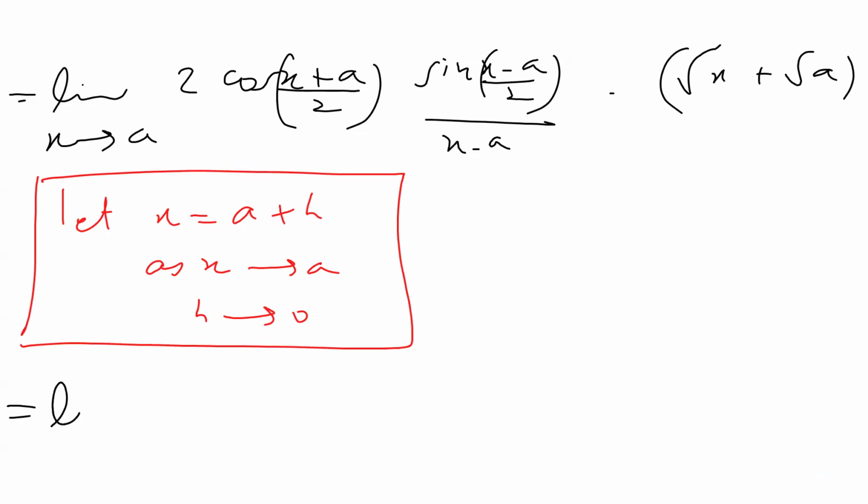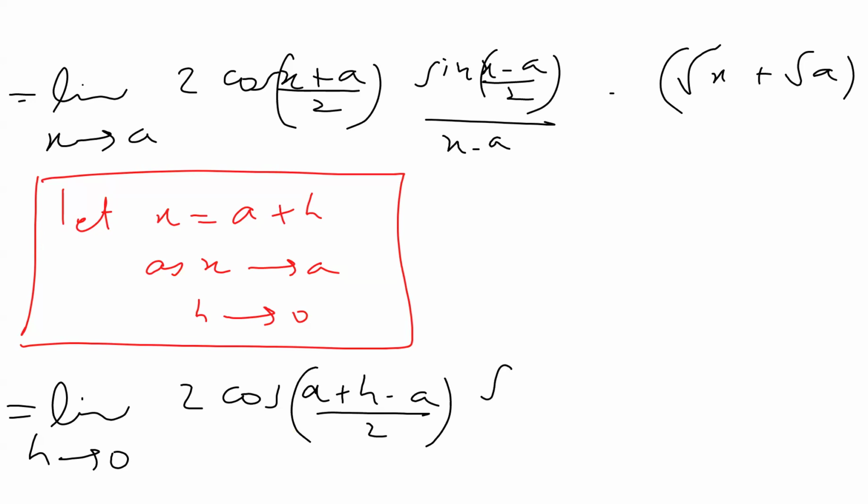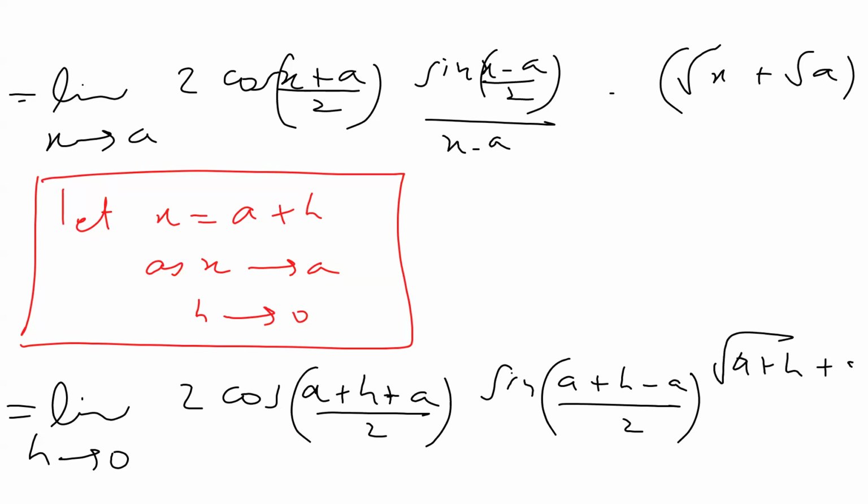Limit h approaching 0, 2 cos((a plus h plus a)/2) sin((a plus h minus a)/2) upon h into (root a plus h plus root a).